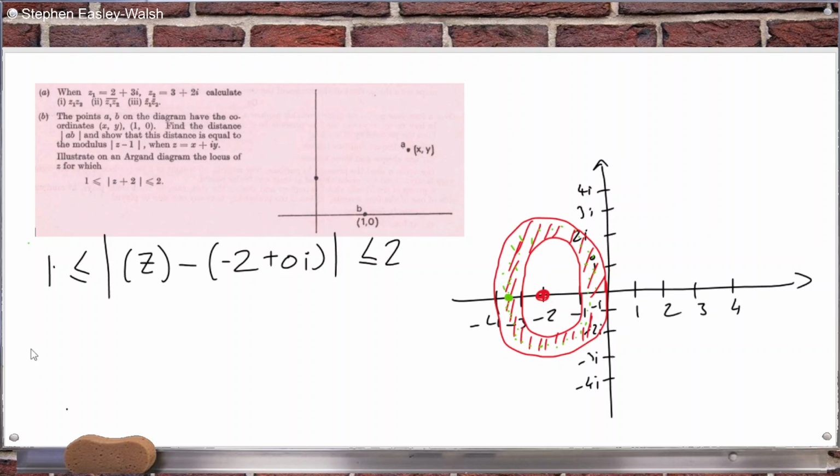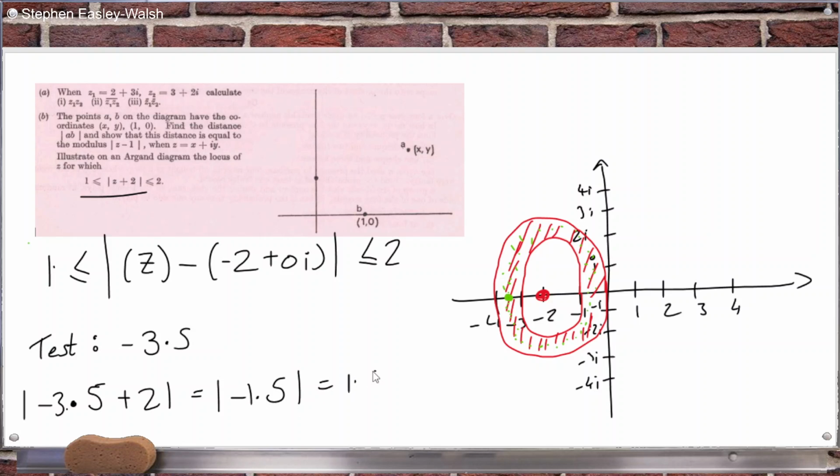For example, let's say minus 3.5. The modulus of minus 3.5 plus 2, if you test it here, is equal to the modulus of minus 1.5, which is equal to 1.5, which is between 1 and 2. So we can see that it works. Okay, I think that's everything for this question.